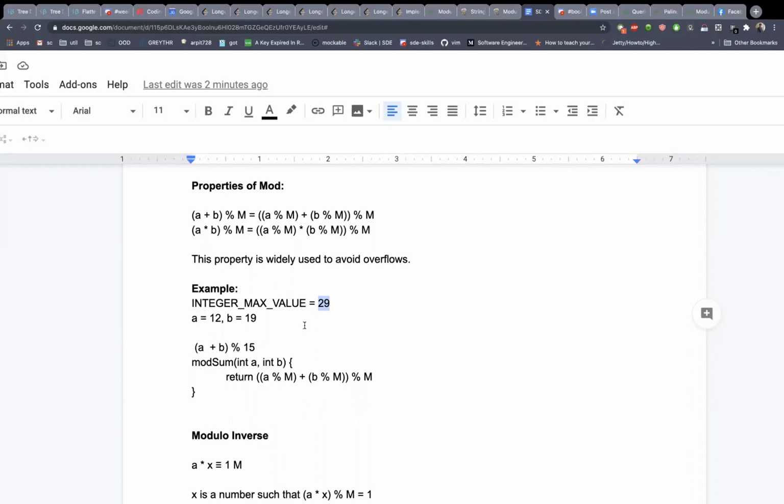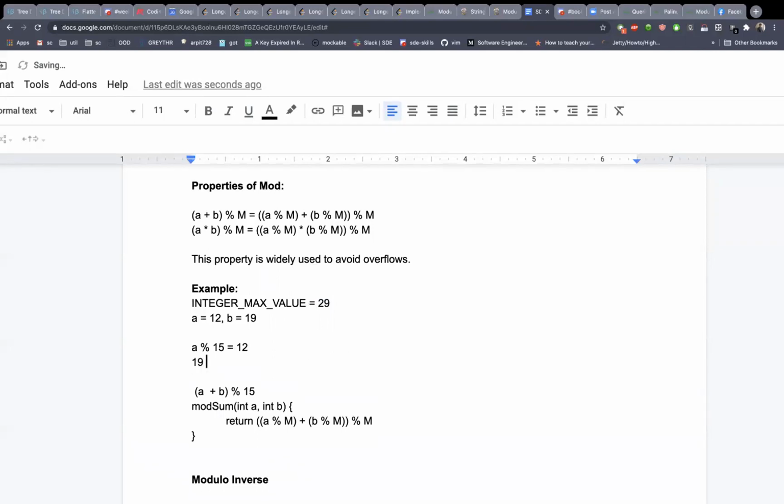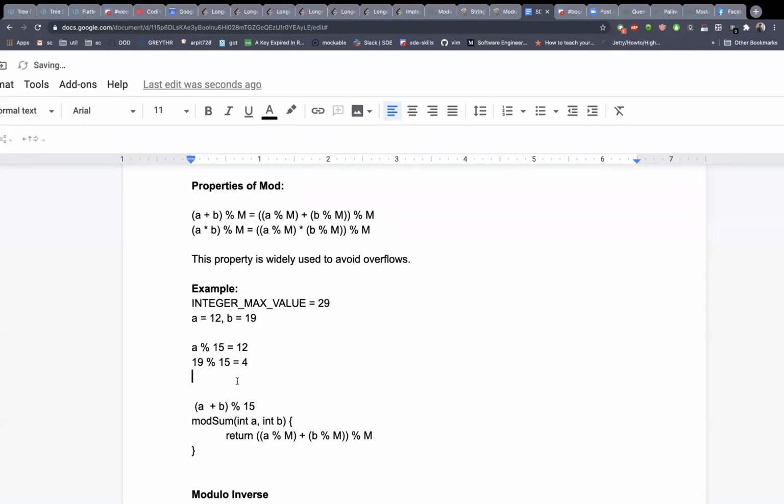So what we can do is calculate the modulo of each number. So 12 mod 15 is 12, and 19 mod 15 is 4. Now you can simply add 12 and 4, which is 16, which will not overflow, and 16 mod 15 is 1.